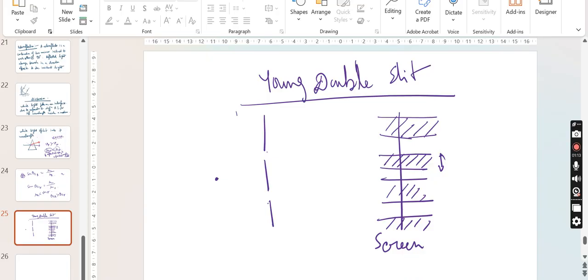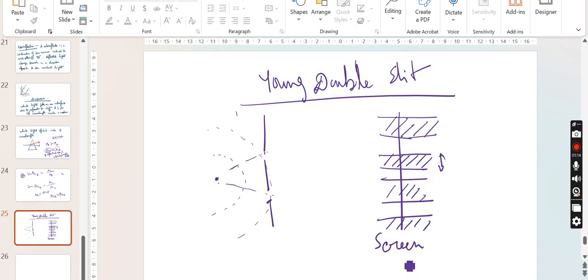Basically, the source here is a point source, and every source emits wavefronts. The thing is, these two slits are equidistant from the source. I have drawn very big slits here, but they are actually very small in nature.